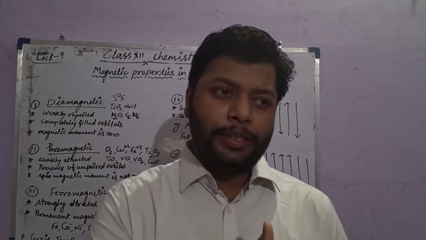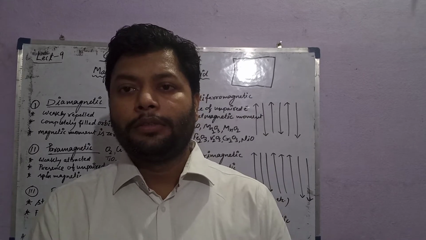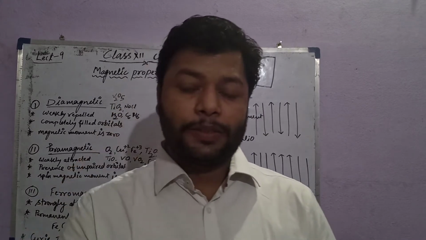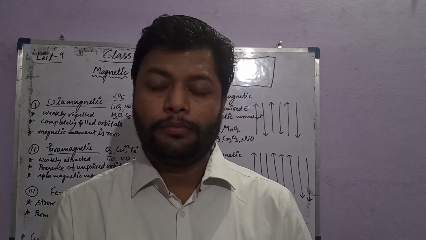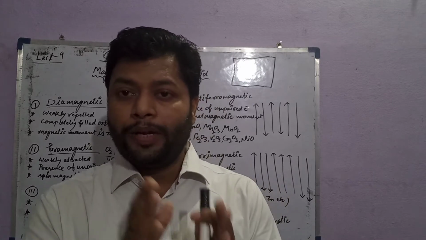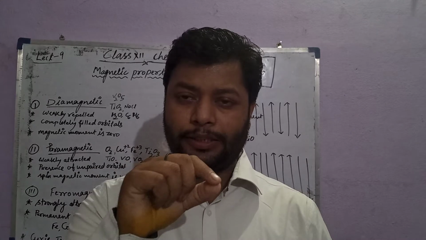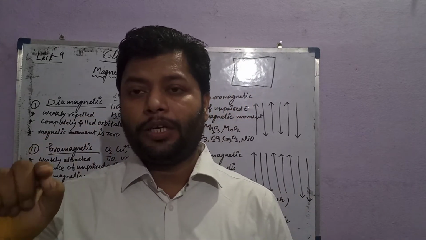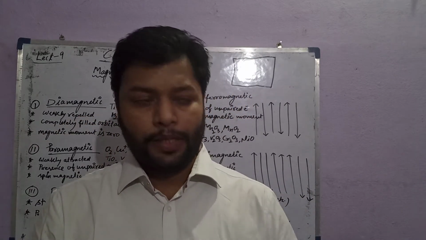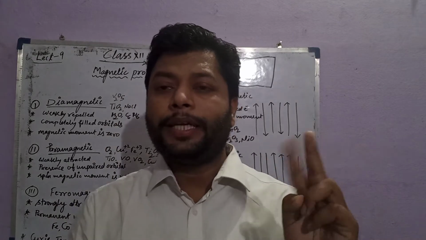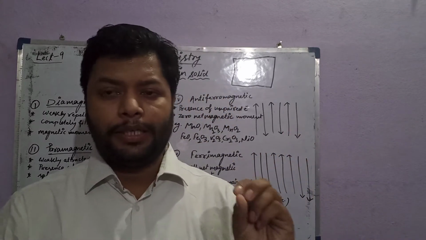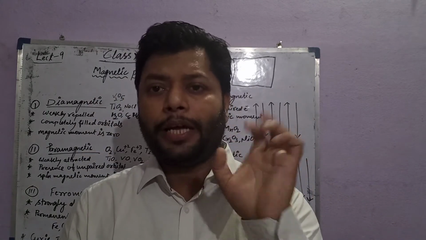The magnetic field actually depends upon the movement of electrons, and sometimes the movement of the nucleus on its own axis, and the movement of electrons around the nucleus. There are different types of magnetic behavior in any single atom.